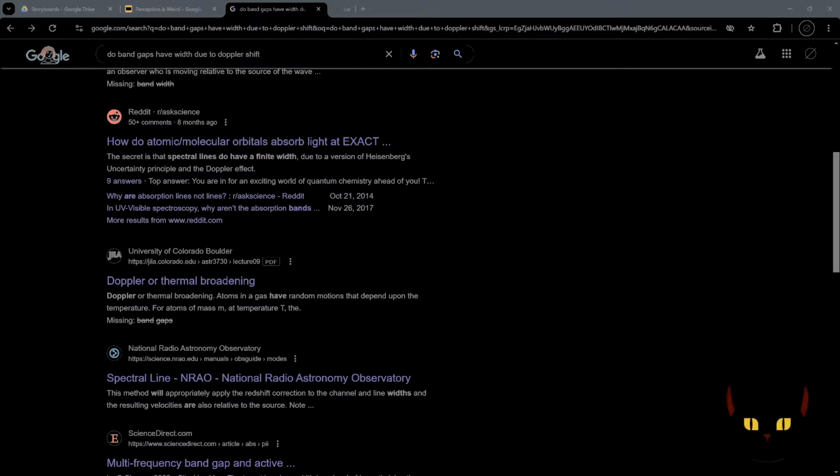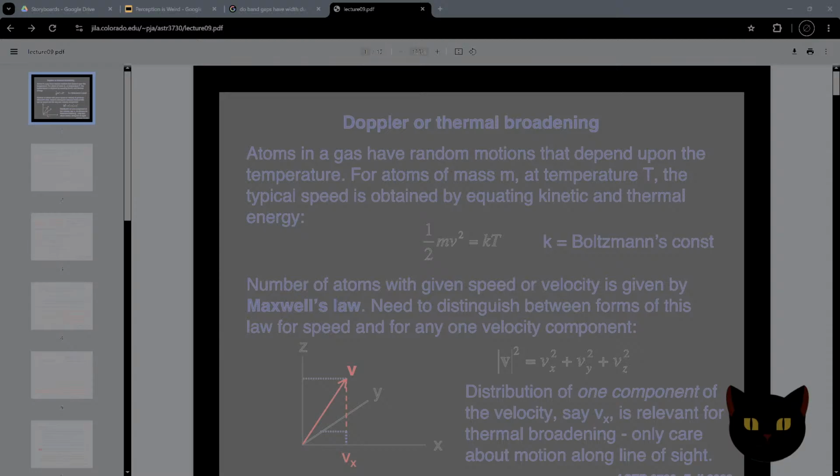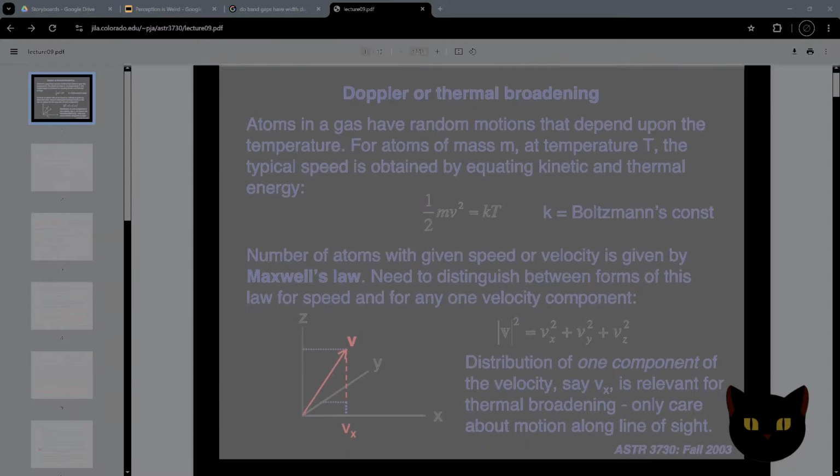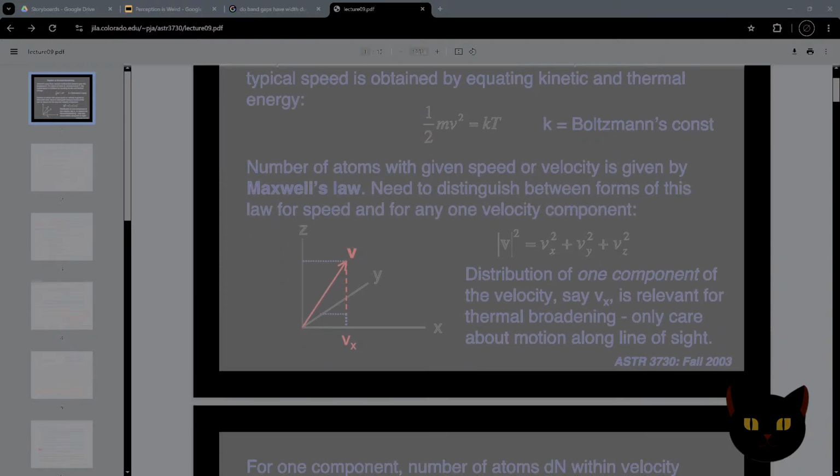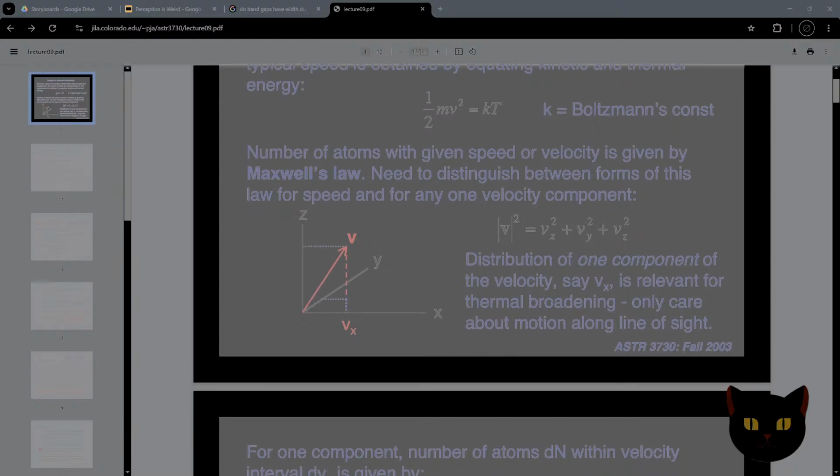Oh, this might be it. Atoms are moving. Okay. You can use Maxwell's law to figure out the distribution.